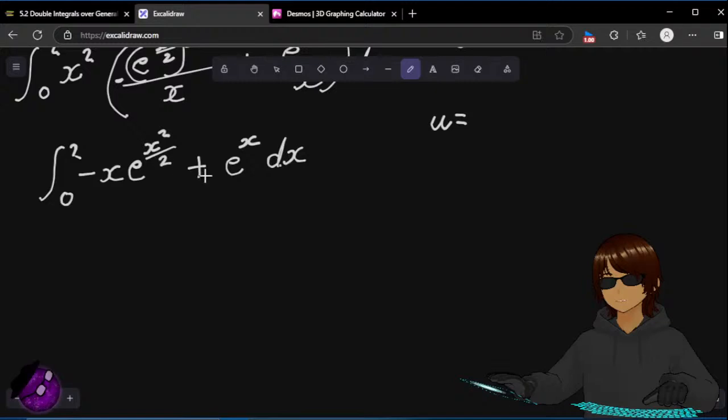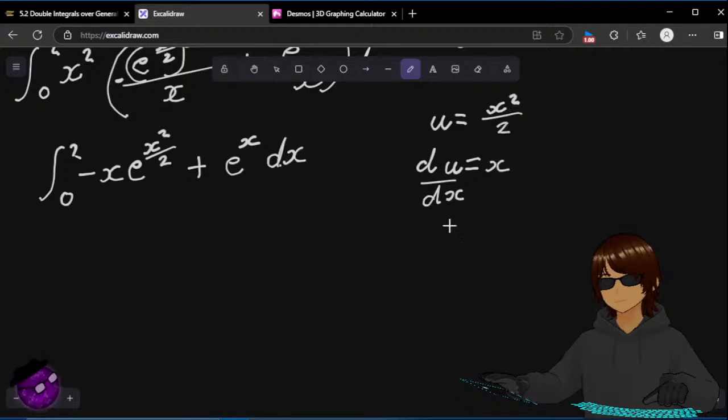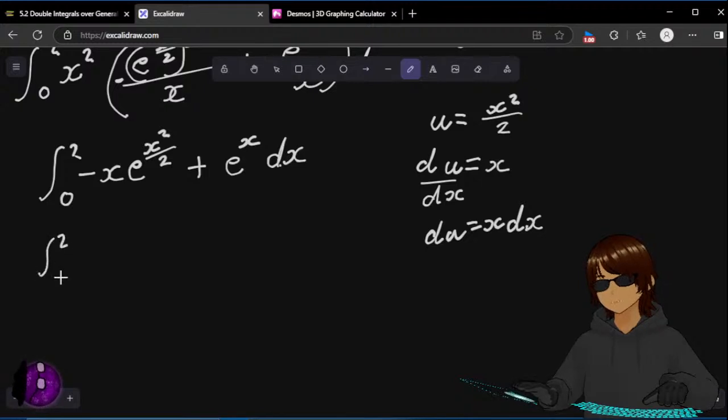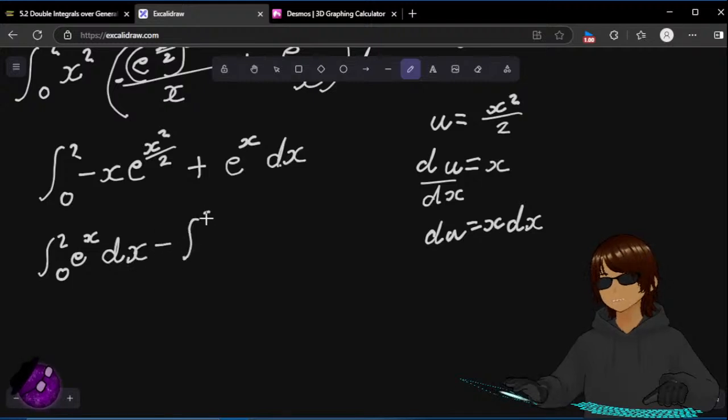So let's say u is equal to x square over 2, du with respect to dx is x. 2 0 e to the power of x dx and then minus it with 2 0, not 2 0, e to the power of u over here.